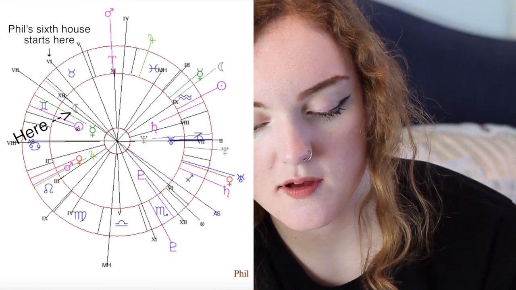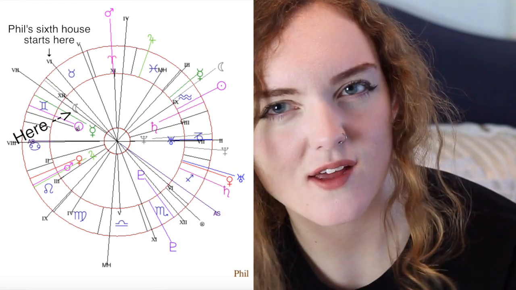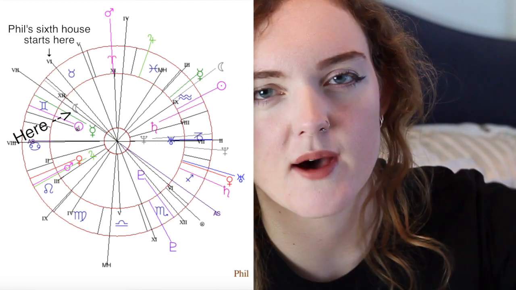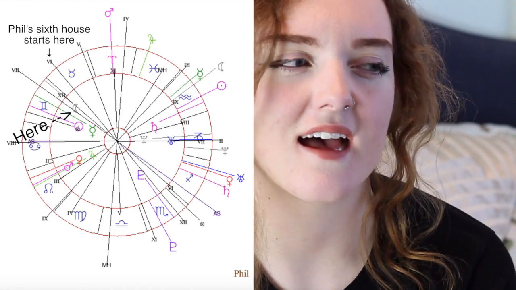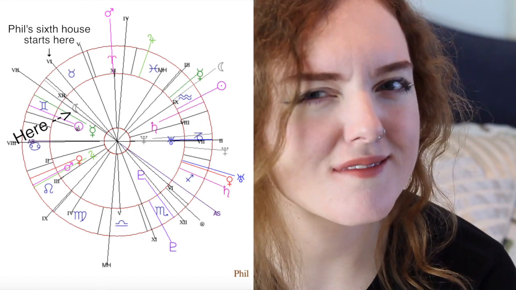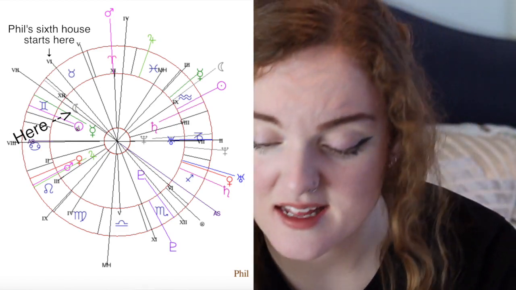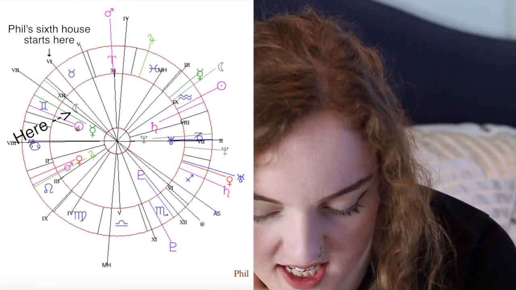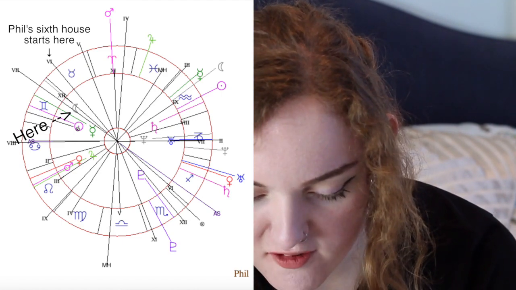Interestingly, Dan's moon falls in Phil's 6th house. I don't know what that could possibly mean, because the 6th house is about health and routine, and having your moon there means that it's going to be an emotional health or routine. Apparently, if you have basically any planet there, it helps get things done. If Dan's moon falls into the 6th house of Phil's chart, the love may really bloom.